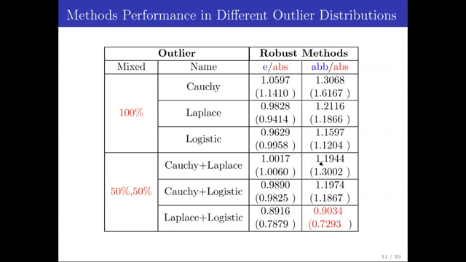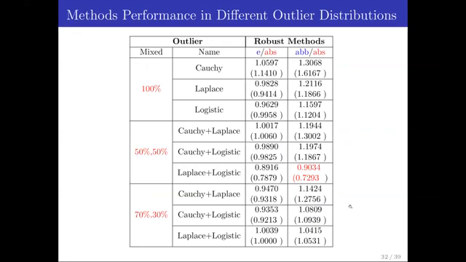And in this half and half mixed situation, we see that in only one case the ABS performs worse than the ABB, and for the other two, it's the same as in the 100% case. And also the ABS performs closer to the general E.